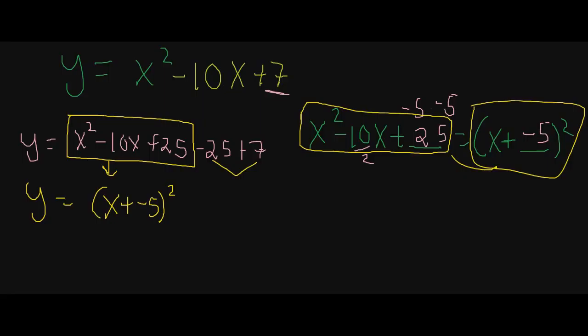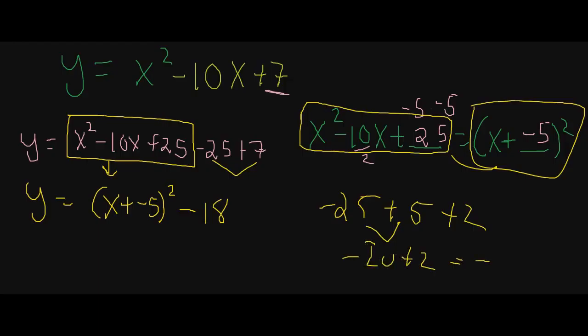What's negative 25 plus 7? It's going to give me negative 18. One way that you could do this in your head: negative 25 plus 5 plus 2, so this is negative 20 plus 2, and that gives me negative 18. That's one way that I do it in my head, just so you know.